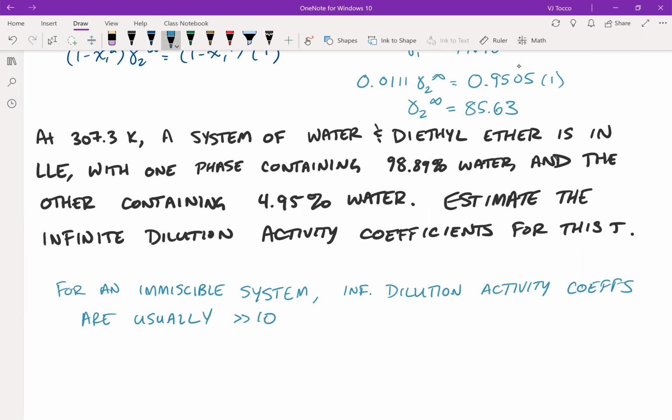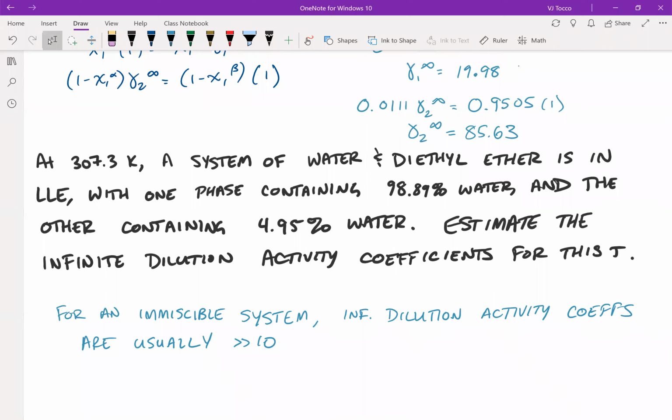This is indicative of a highly non-ideal system, which is what we would expect. A system that is totally immiscible, with no intermixing at all, is that much more non-ideal.